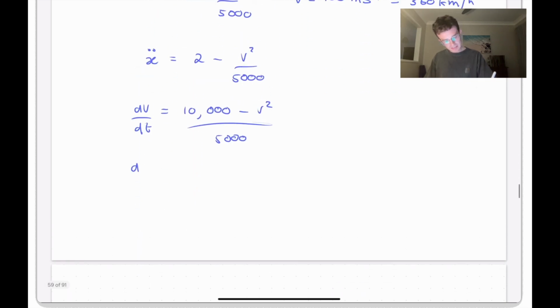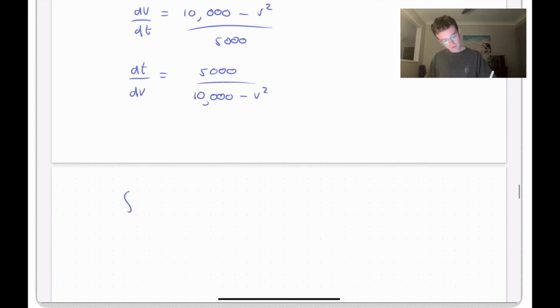So dt by dv is equal to 5,000 on 10,000 minus v squared. And we need to integrate that. So we need to find the integral of dt, which is going to be equal to the integral of 5,000 on 10,000 minus v squared dv.